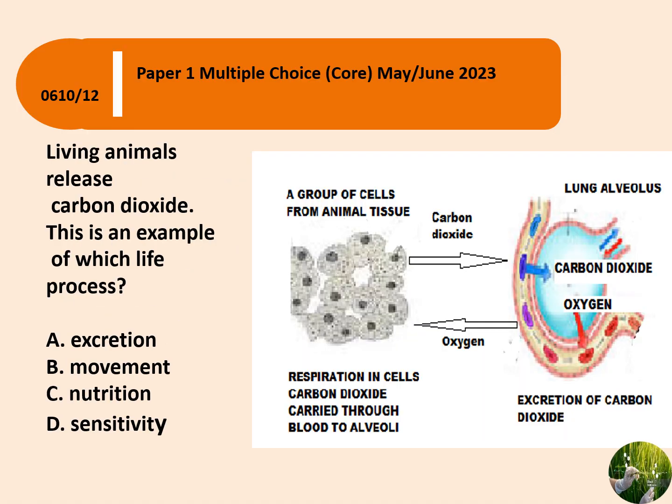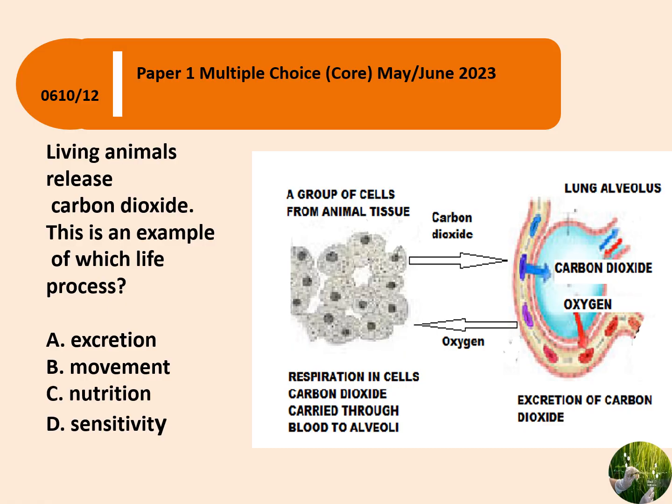In June 2023, the question is living animals releasing carbon dioxide is an example of which life process? A. Excretion, B. Movement, C. Nutrition, D. Sensitivity. You should know carbon dioxide is produced as a metabolic waste product during respiration.